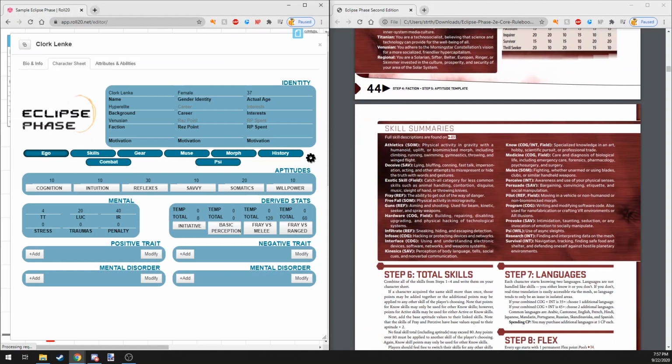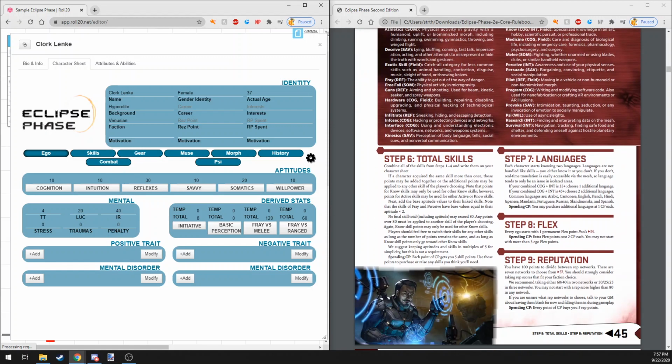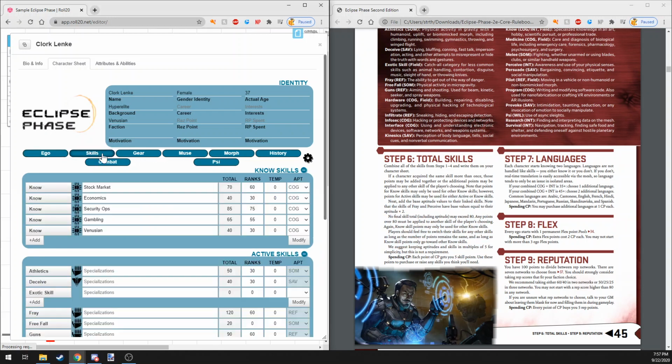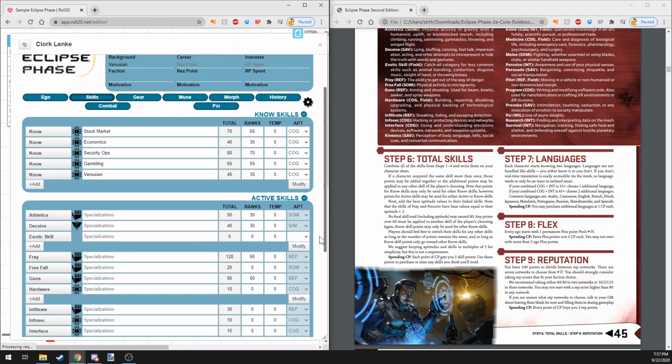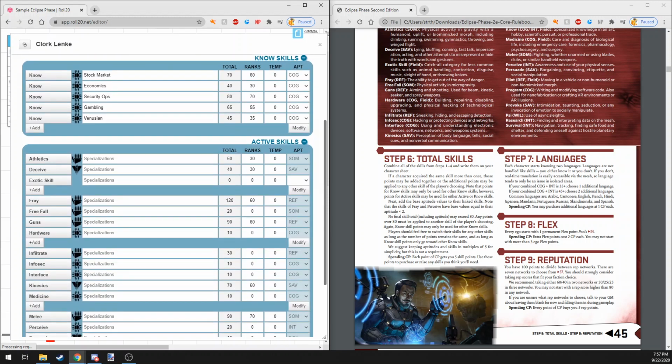Now, after you finish your aptitudes, you go through your total skills again, which is step 6. And remember how earlier, if there was anything over 80, you'd have to move it somewhere else? Well, security ops is at 85. So you take 5 away from there, and I'm going to put it into knowledge Venusian, because knowledge skills can only go to other knowledge skills. However, if we go down here, due to the way that fray is calculated, you can see I'm well over 80.